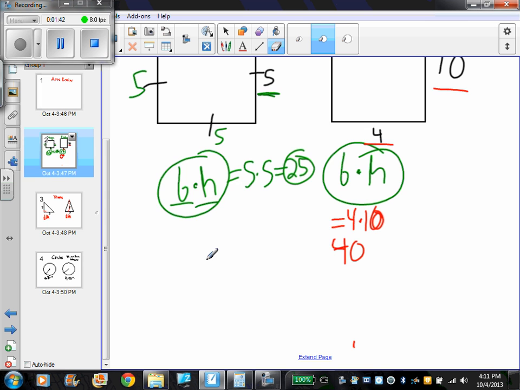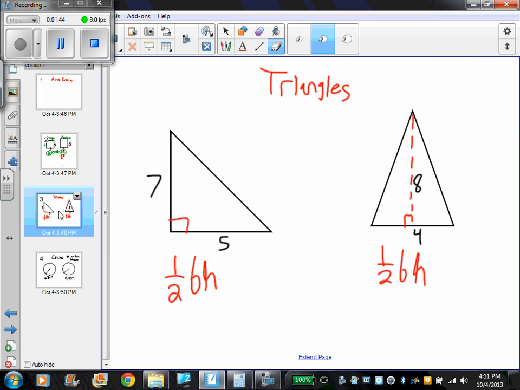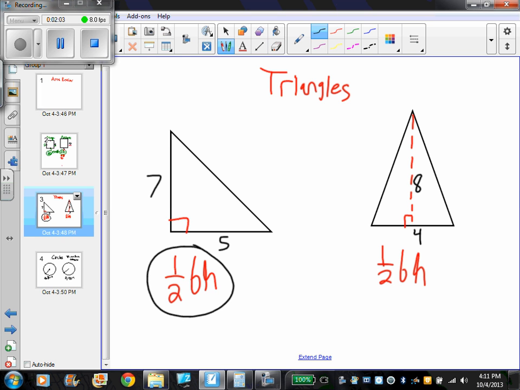Moving on to triangles. Triangles are basically half of a rectangle. As you can see, I'm drawing on this, and I'm completing a rectangle sort of by doing that. And the triangle is half of that area. So it should make some sense that the equation for the area of a triangle is going to be 1/2 of the area equation for a square or a rectangle.